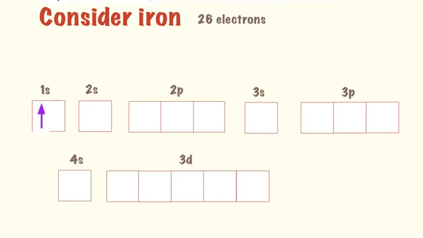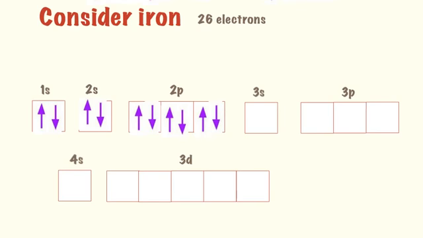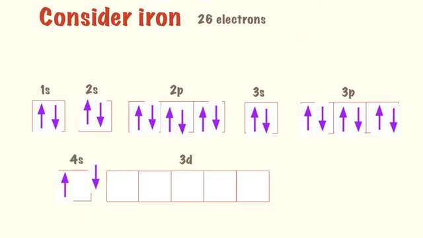So if we do a similar count, 1, 2, 3, 4, 5, 6, 7, 8, 9, 10, 11, 12, 13, 14, 15, 16, 17, 18, 19, 20, 21, 22, 23, 24, goodness gracious me, I've run out of them.